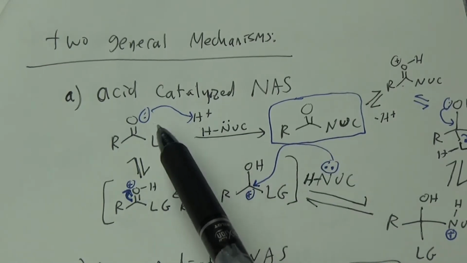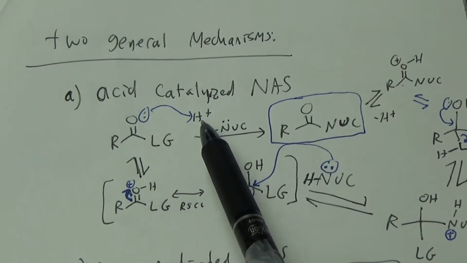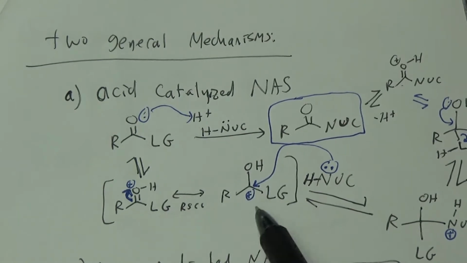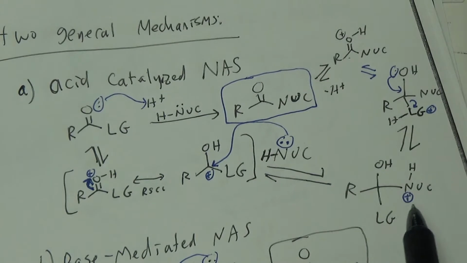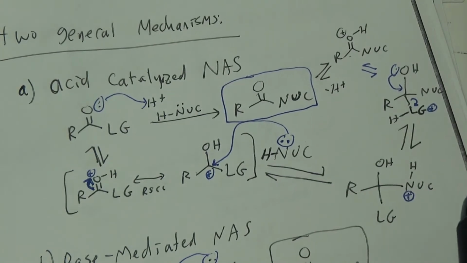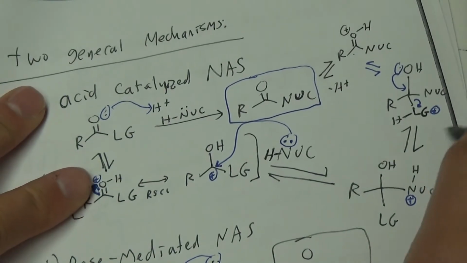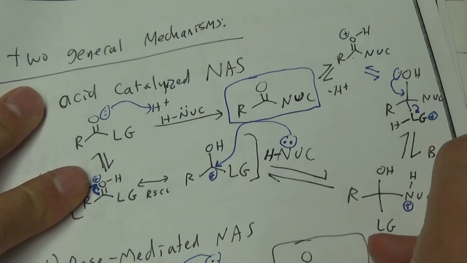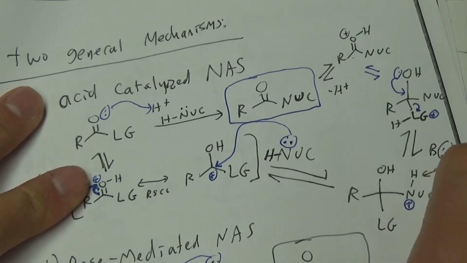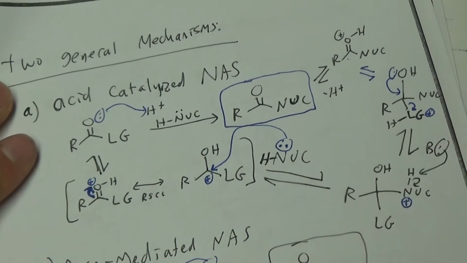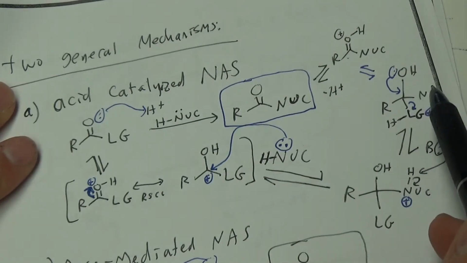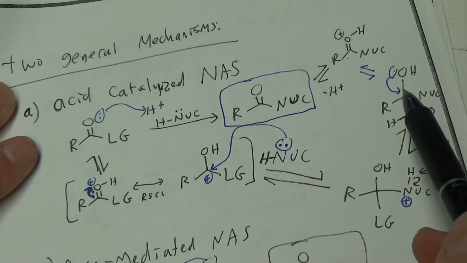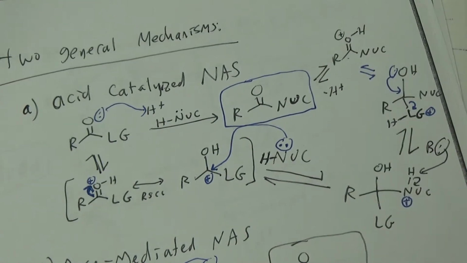The C=O grabs a proton, nucleophile attacks, and then you lose the proton. I guess I should draw that. The base takes off this proton, right? And then the OH kicks off the leaving group, and then you lose another proton.